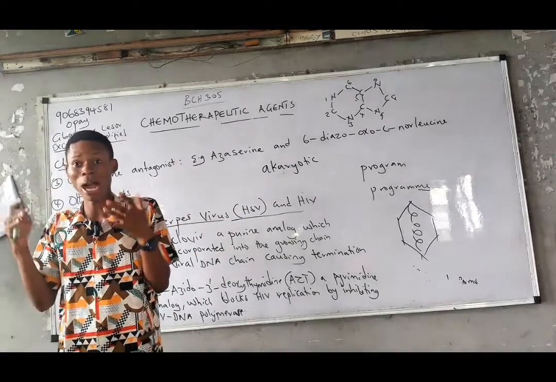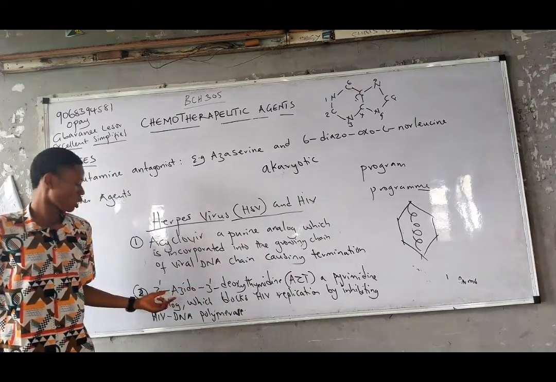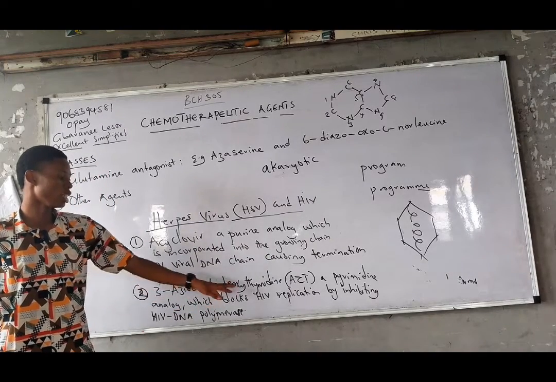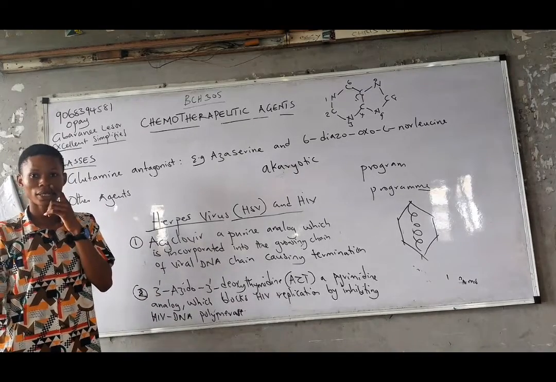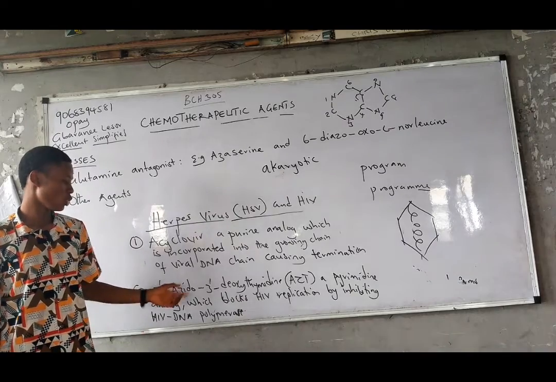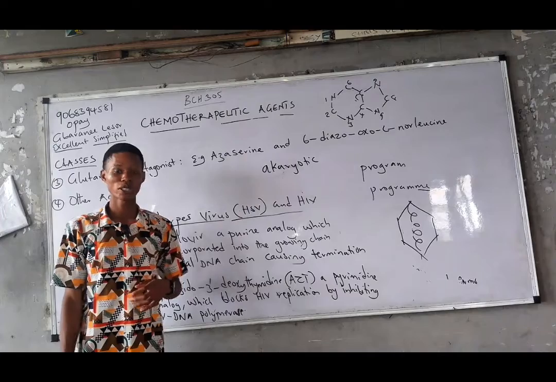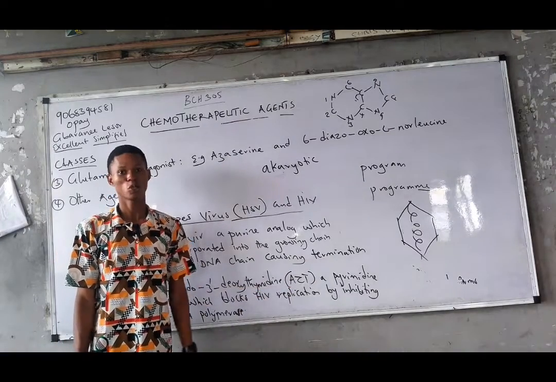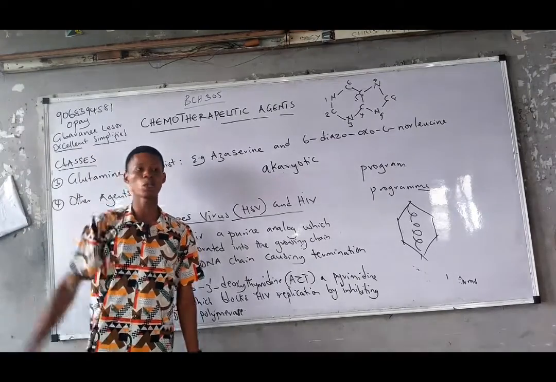These are the two: acyclovir and what? 3-azido-3-deoxythymidine. The name is what? 3-azido-3-deoxythymidine. Another name for it is AZT.